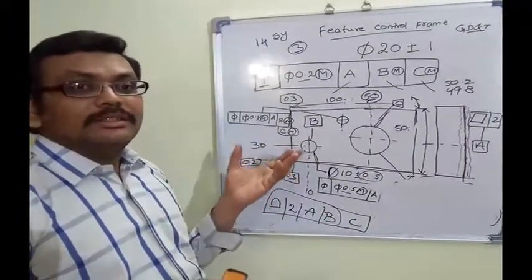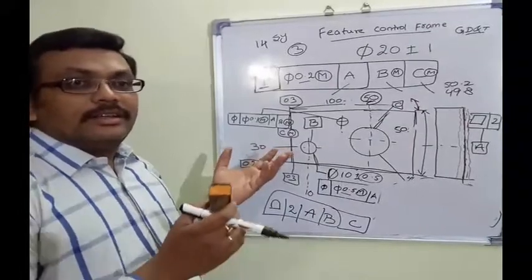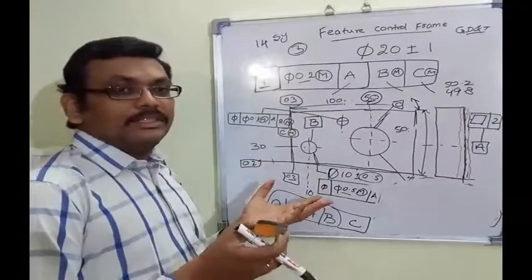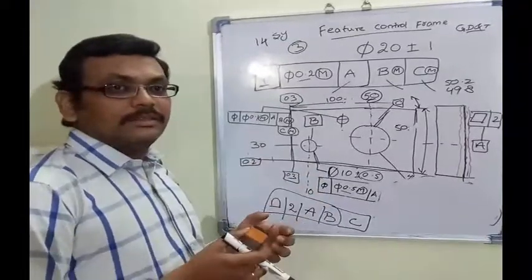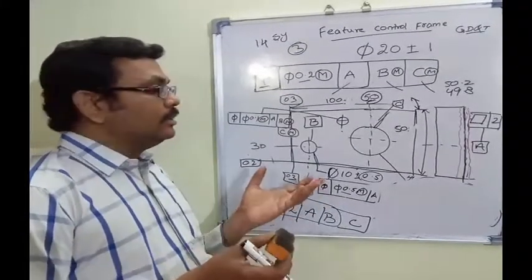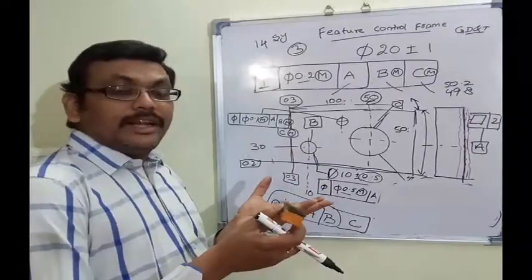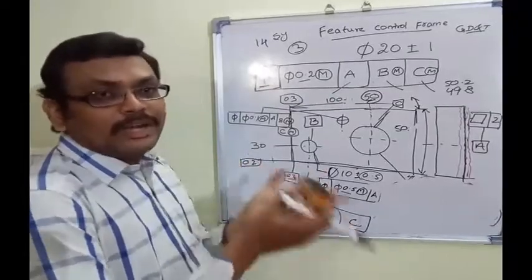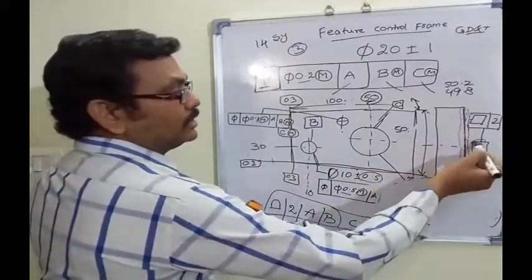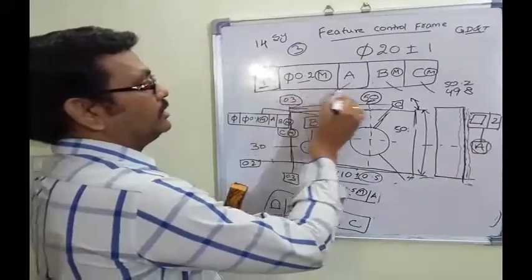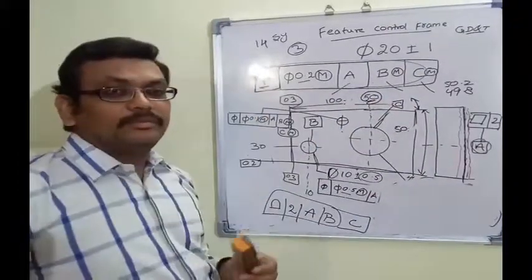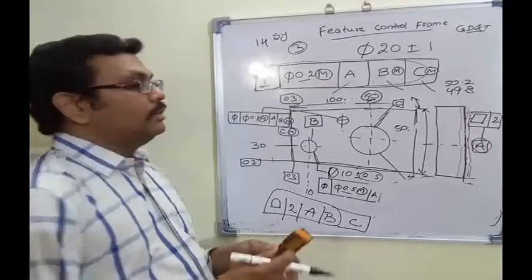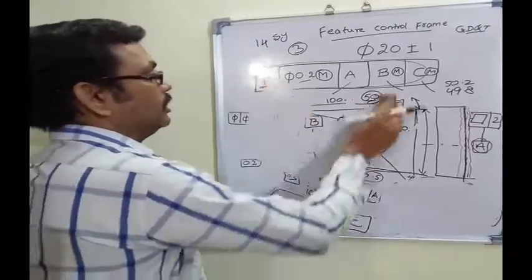Some symbols take datum qualification, some symbols they won't take datums. That means we are going to use datum for some symbols, and we are going to use symbols without datums also. In this case we have used datum. In this case we have used datum. Right? So this is about the feature control frame.